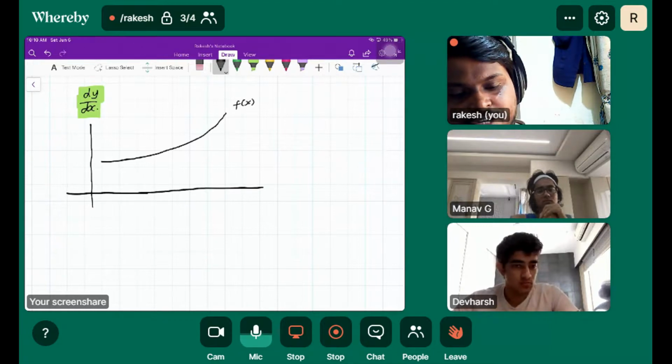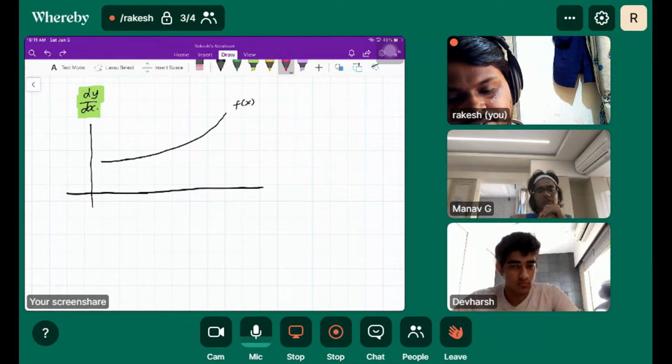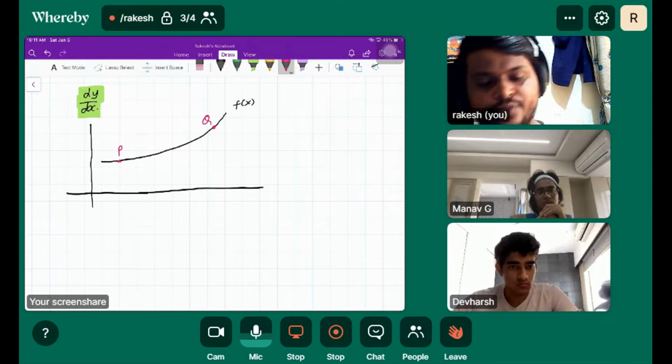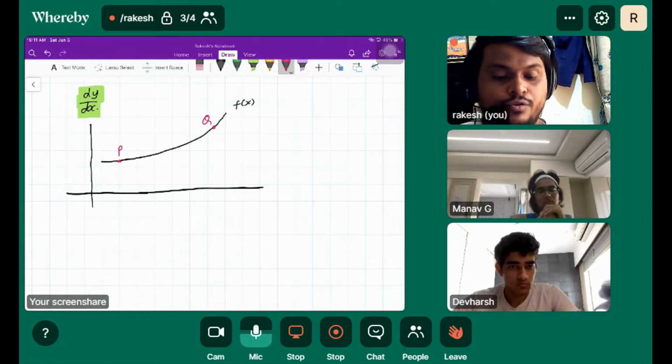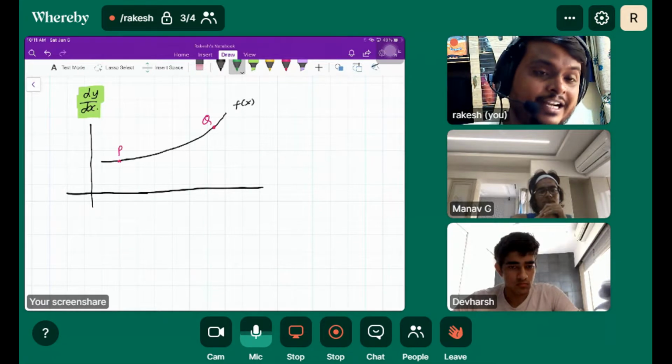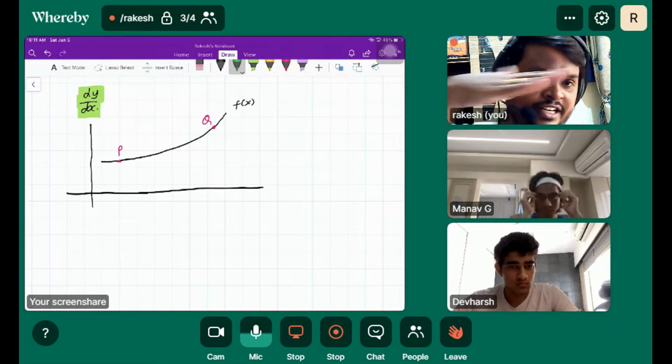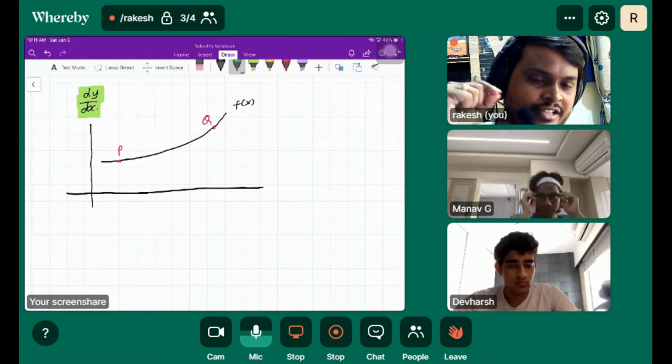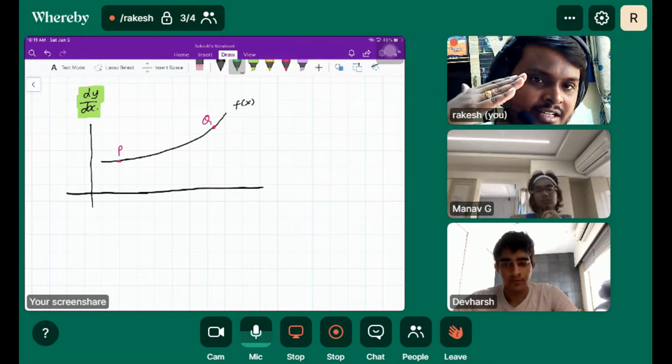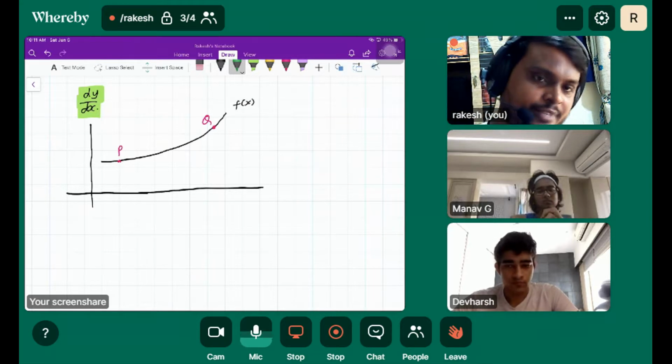So let me take 2 points on this curve. One is p, and the other is q. We always take it like this, p and q. Now our job is to find the gradient of this curve at p. The derivative is nothing but the gradient of the tangent at p.